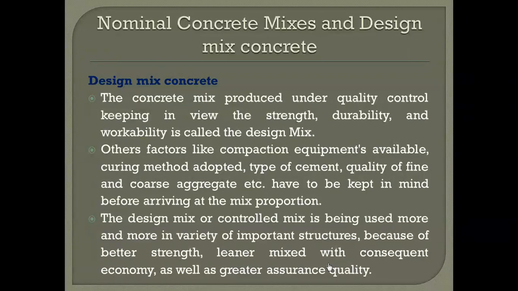All these things have to be decided earlier, prior to the proportioning of the mixes. Then only can we arrive at a suitable mix proportion that will be satisfied at the site. We can't simply do the mix proportion by assuming certain things. Prior planning should be there, then only can we do the mix proportion.